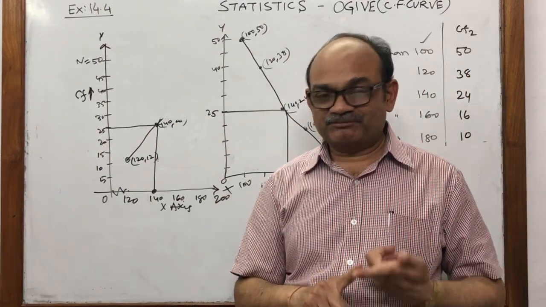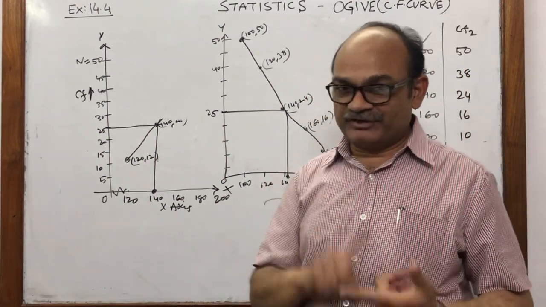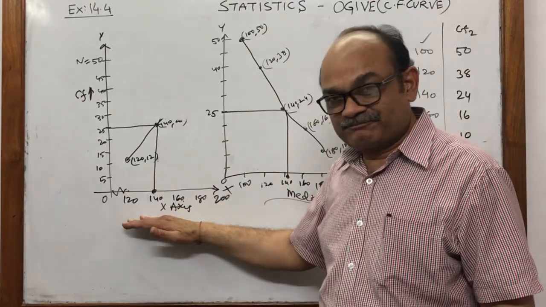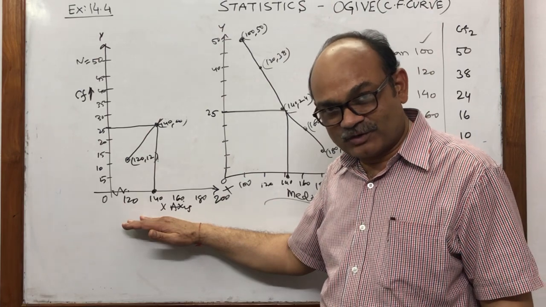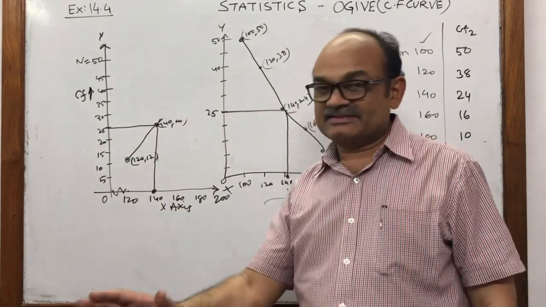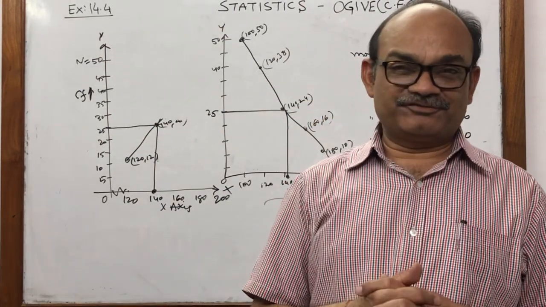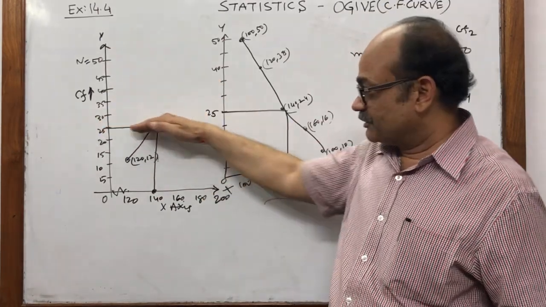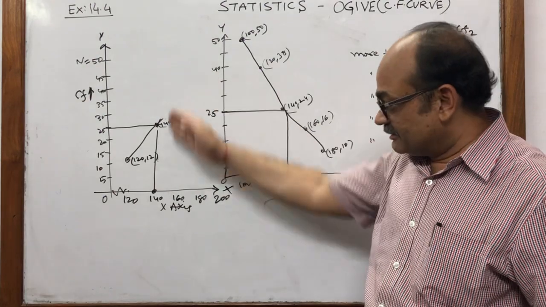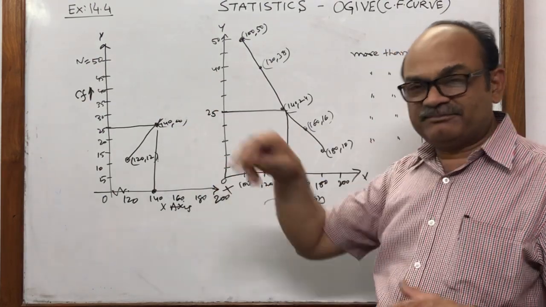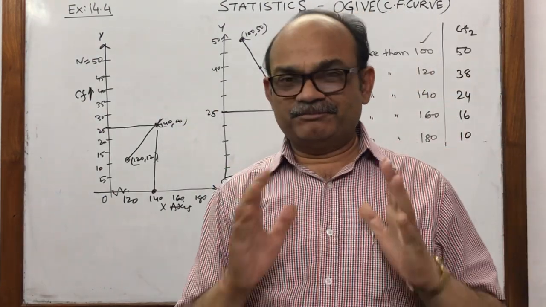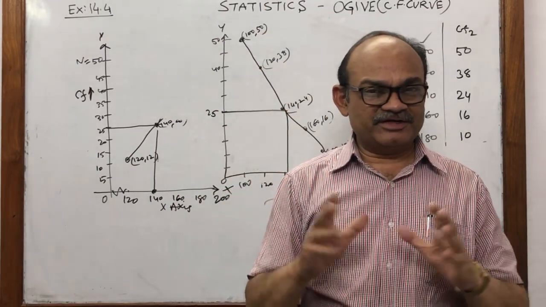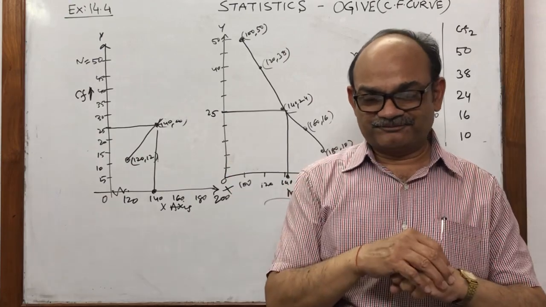With graph copy, with geometry box, freehand curve, first complete the table, x-axis for upper or lower boundaries, and y-axis fixed for CF. Half of CF, last number, draw a line parallel to x-axis, vertical line, where it will meet abscissa is said to be median. So median is the data which we will calculate only through graph.